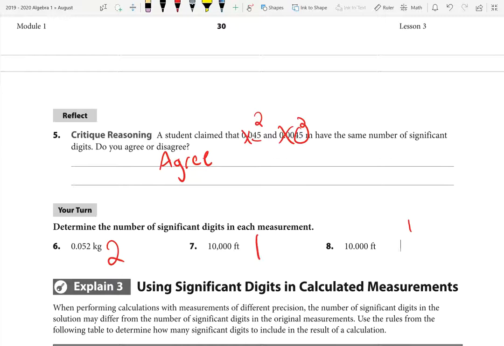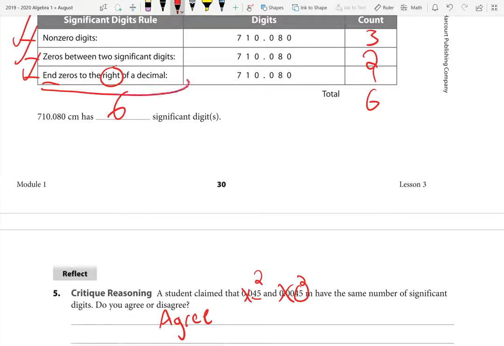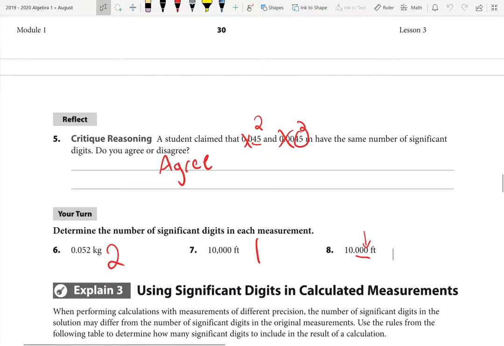Now, this one, because we have end zeros to the right of the decimal, all these zeros, that zero that I'm pointing to counts. So all the numbers between the 1 and that 0 will also count. So this makes 5 significant digits.